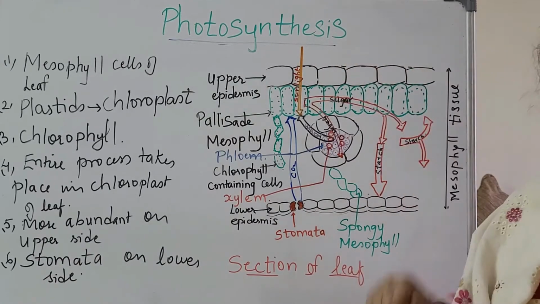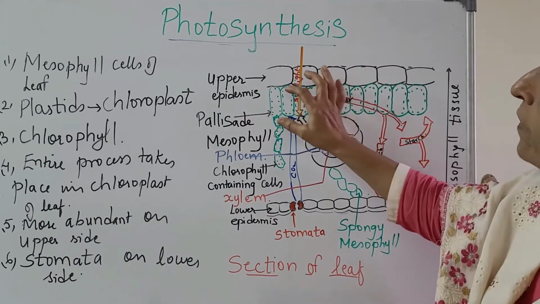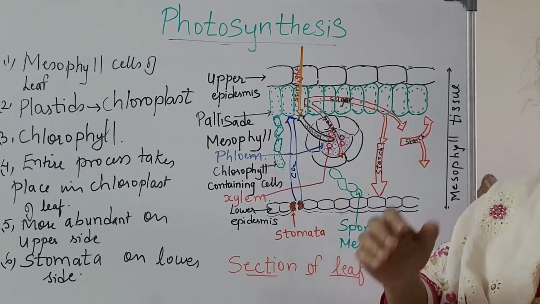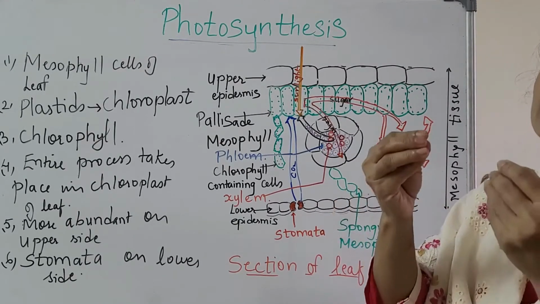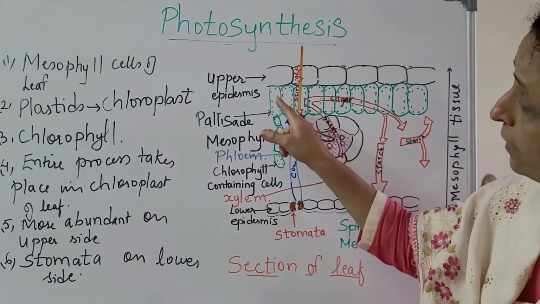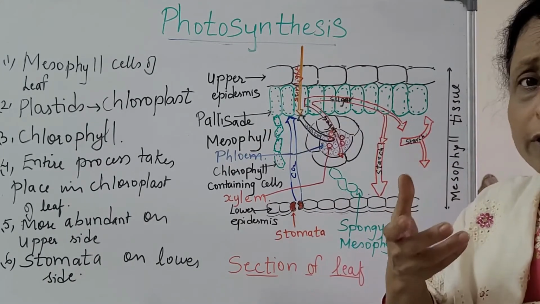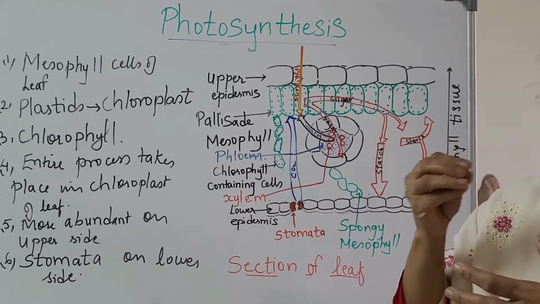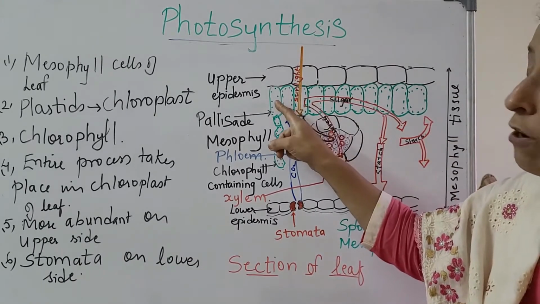Now below this upper epidermis you have this palisade mesophyll. These are the cells which will contain chlorophyll. Now these cells will have organelles. You have studied that each cell has different organelles.